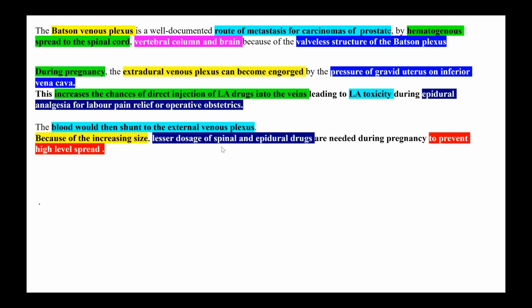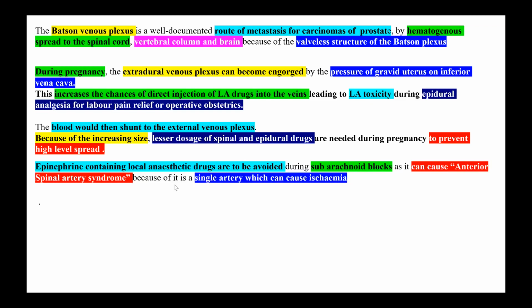So for drugs administered in pregnant women, obese patients or patients with ascites, whenever you give a spinal block, you have to reduce the dosage, because when that space is narrowed by the engorged veins, it will cause a higher spread for the regular volume that you give. So to prevent a higher level of spread, lessen the dosage.